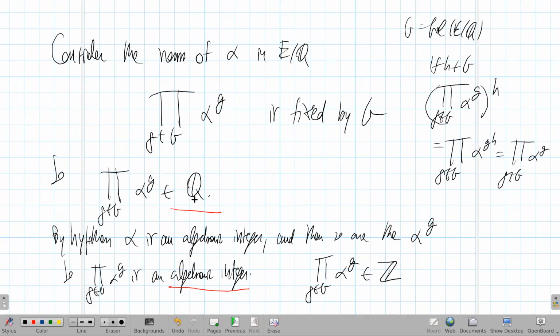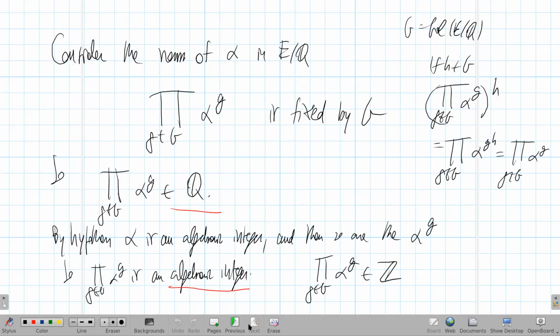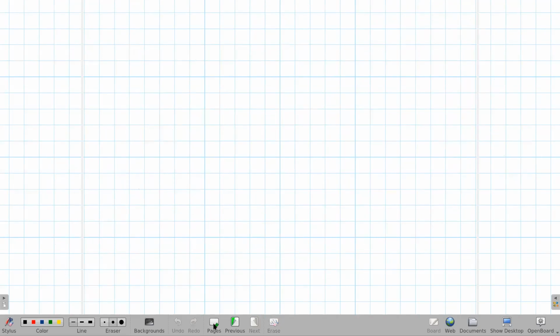Okay, now the point is that as we saw in the previous slide, the absolute value of alpha is at most 1. And the alpha to the G have exactly the same form, so the same holds for the alpha G, okay? So, next page.